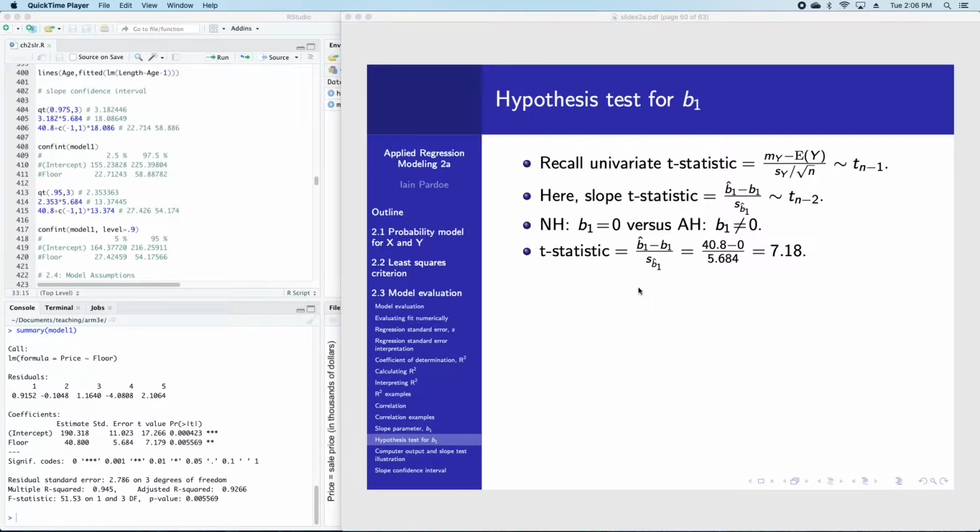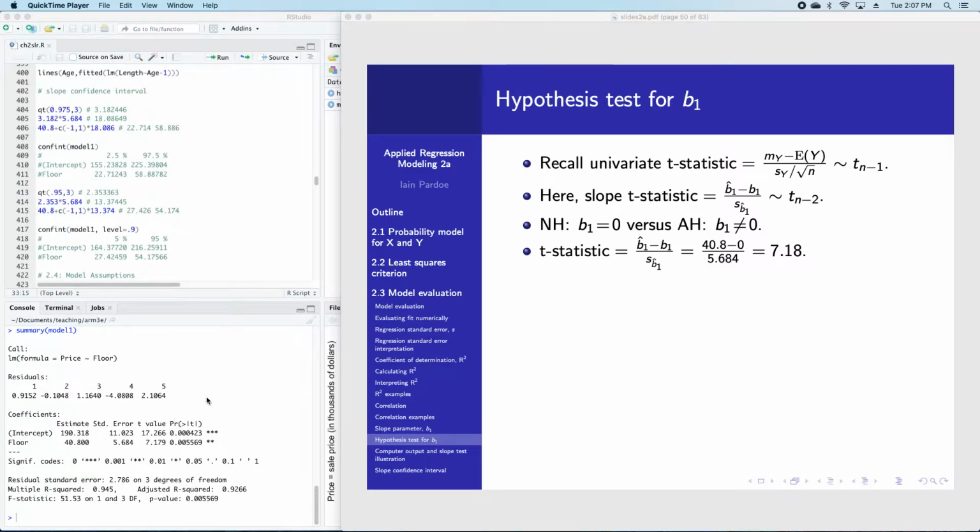So we calculate our t-statistic. There's the formula here, and I've just plugged in the numbers that we've got from statistical software. B1 hat, that's the slope estimate, 40.8. B1, that's the value in the null hypothesis, so I plugged in 0 here. And then S b1 hat, that's the standard error of the slope, 5.684. Where am I getting that from?